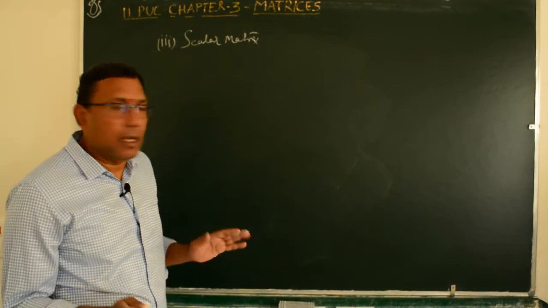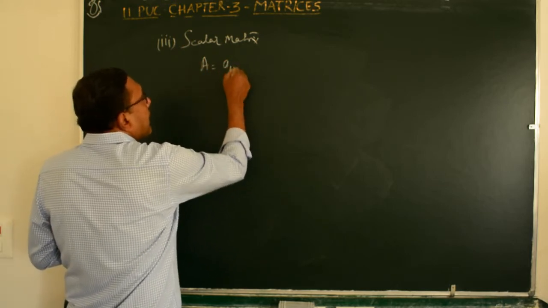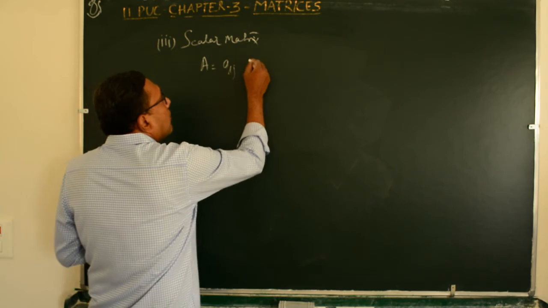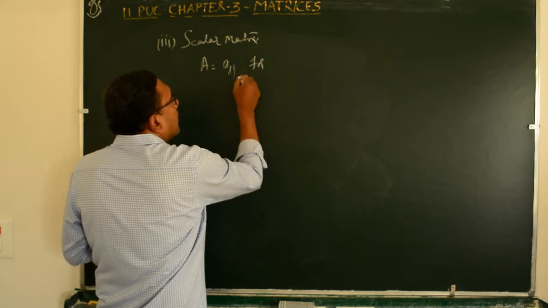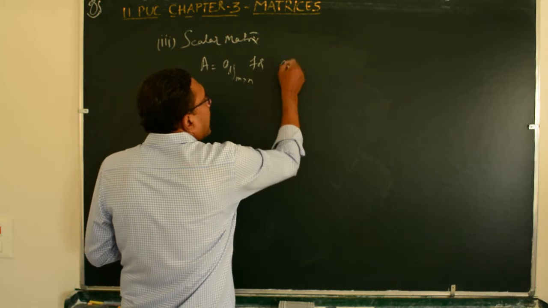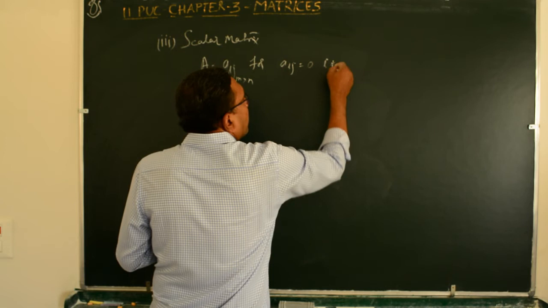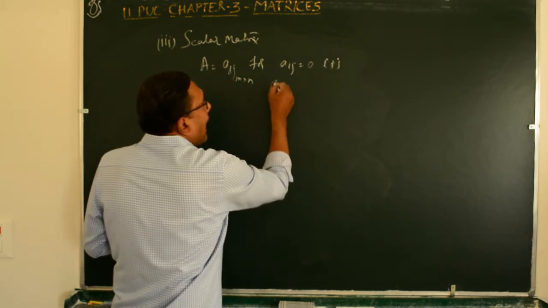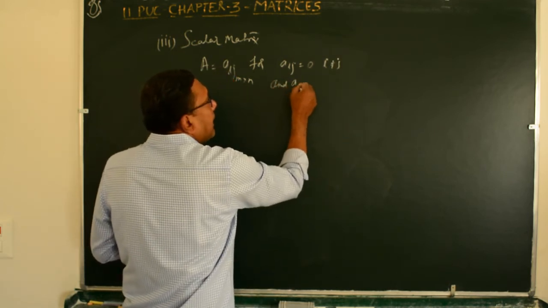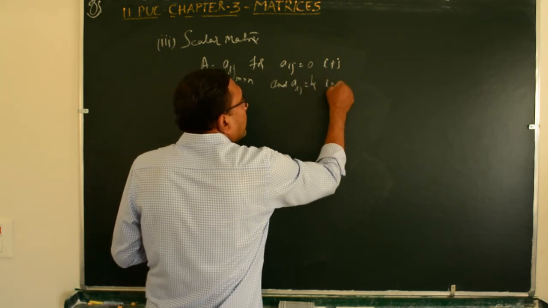Say in general, if I want to write Aij for an order of m cross n, all the Aij elements will be 0 for i not equal to j, and Aij will be some constant for i equal to j.